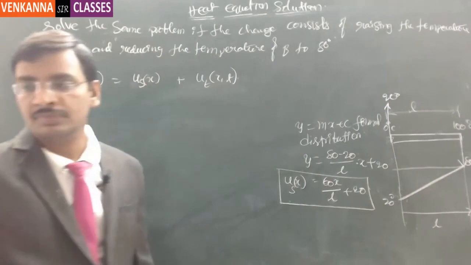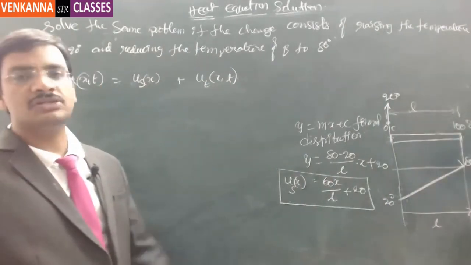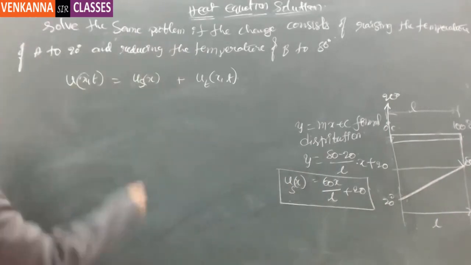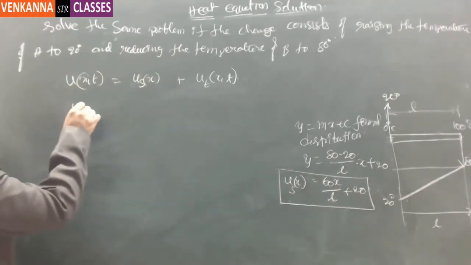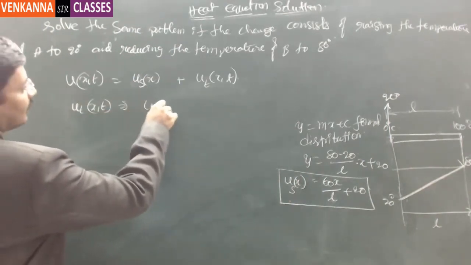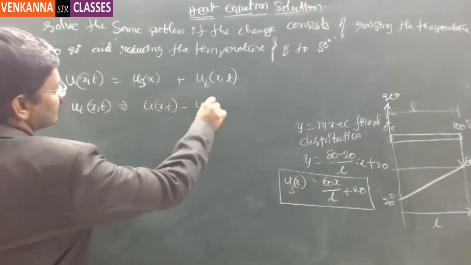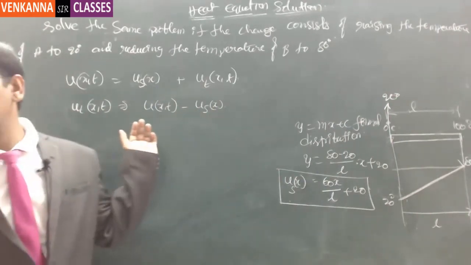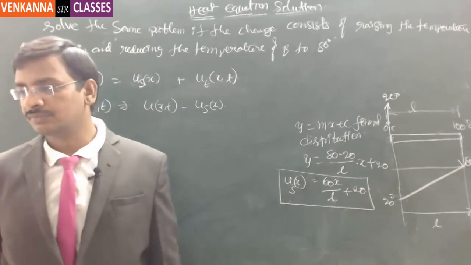Got it? Now for the transient solution we have to identify the limits. By making this change, you can find out the transient solution. So u t of x comma t you will be able to find out as u of x comma t minus u s of x. This is how you will be able to find out the initial conditions for this.